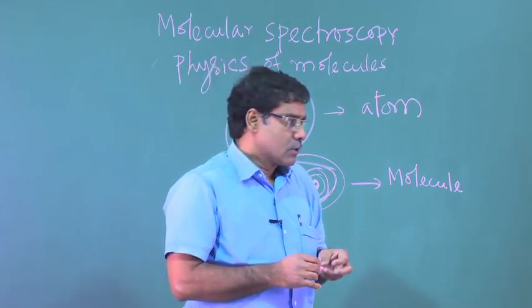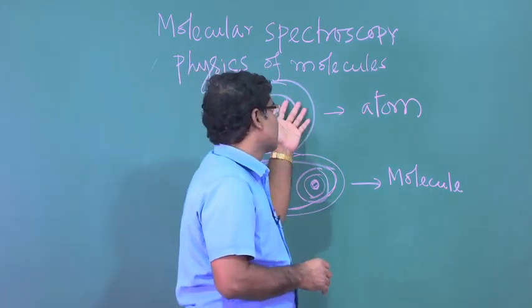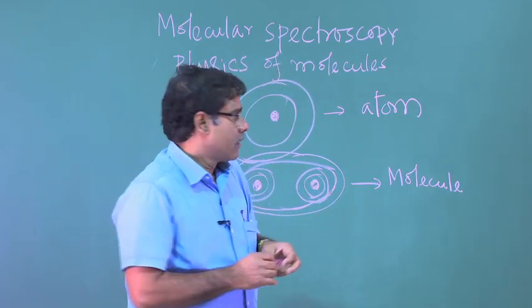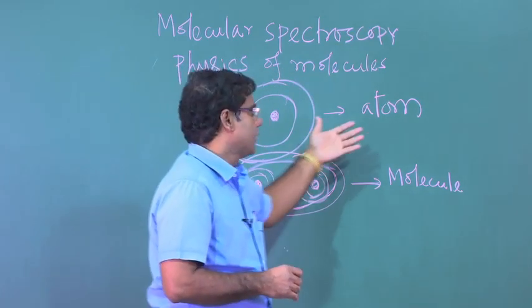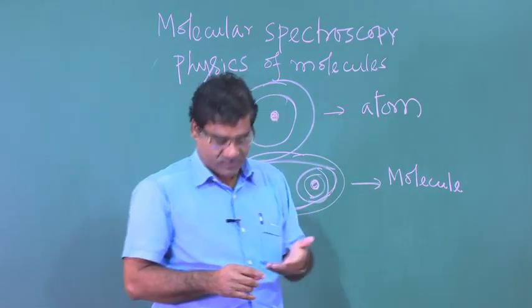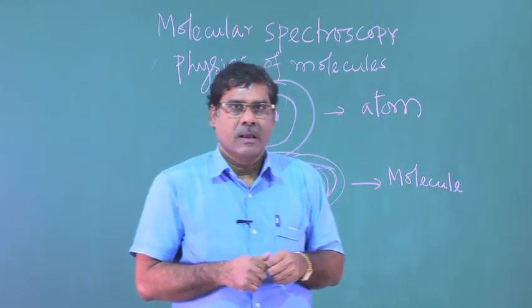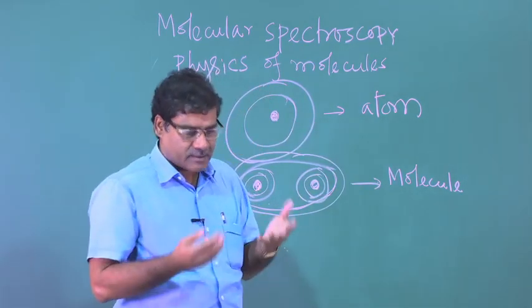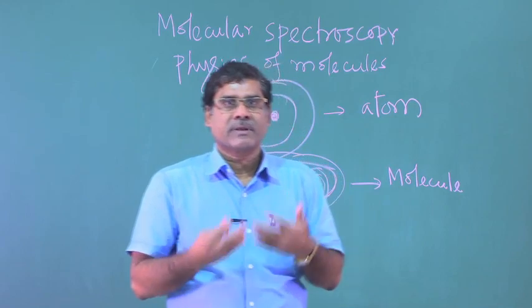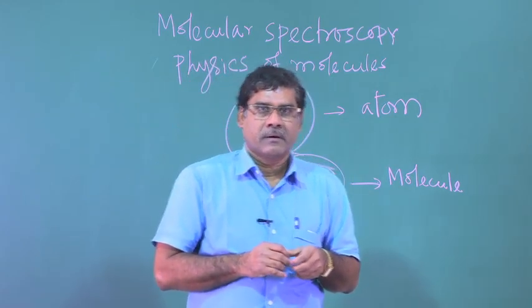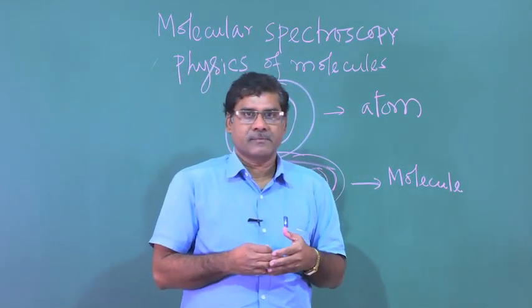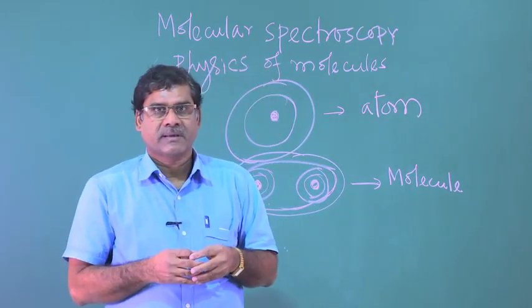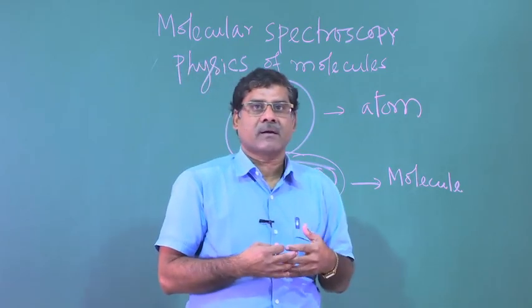So, to study the structure of atoms or molecules, basically we take the help of electromagnetic radiation. When these atoms or molecules or matter interact with electromagnetic radiation, then basically we get the spectra. Okay, spectra of atoms or spectra of molecules.